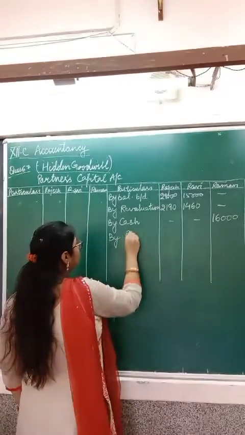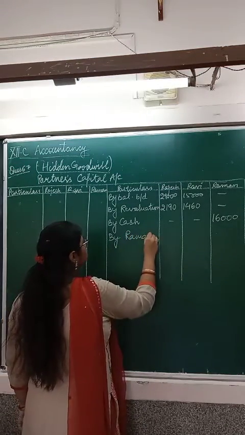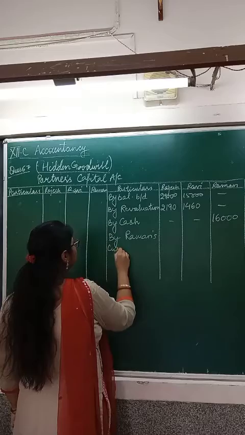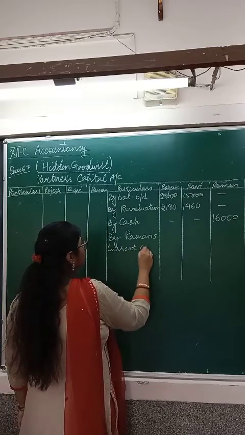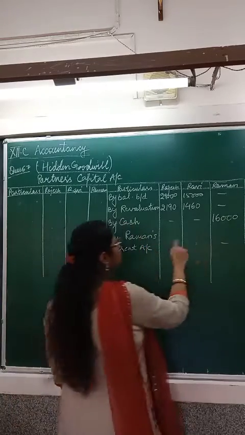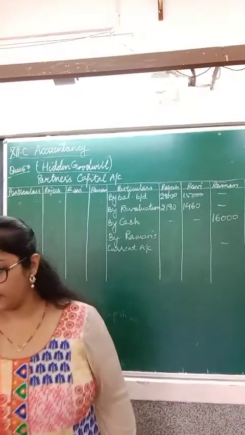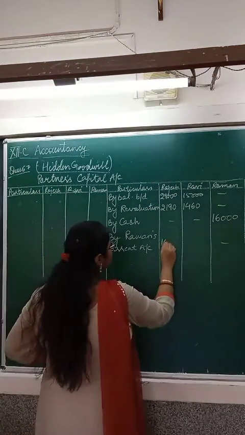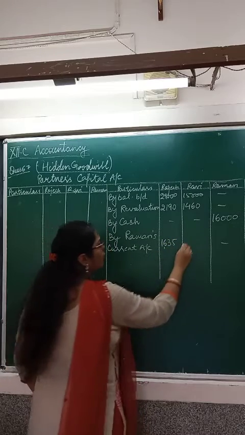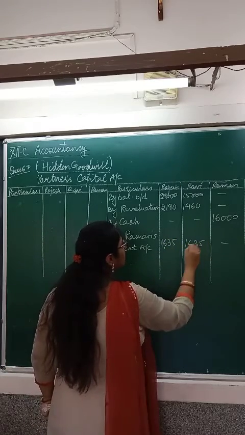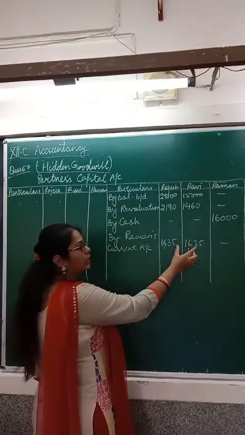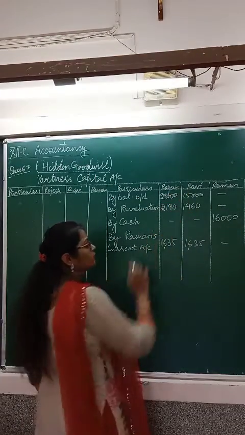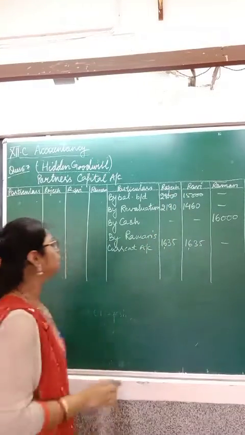Raman. By Raman's current account, the amount has to be transferred to Rajesh and Ravi: 1635 and 1635. This is Raman's share of goodwill distributed amongst Rajesh and Ravi in their sacrificing ratio.